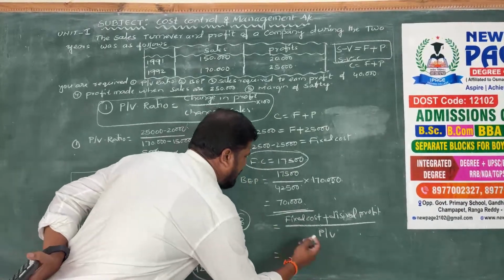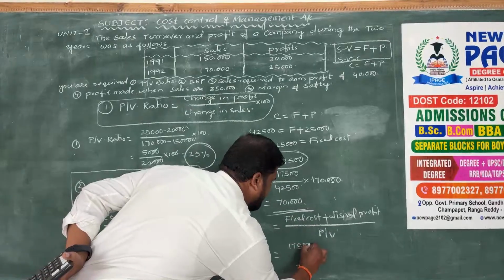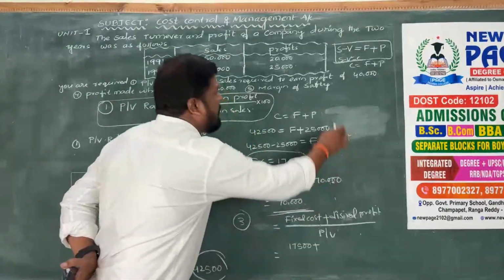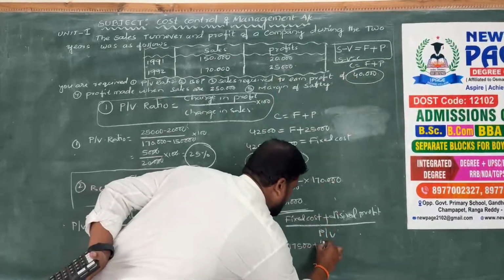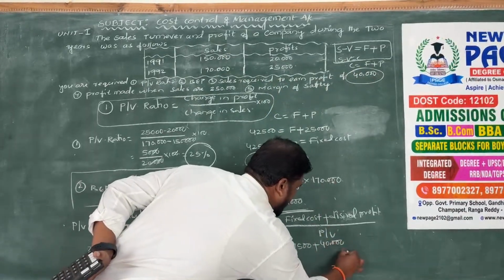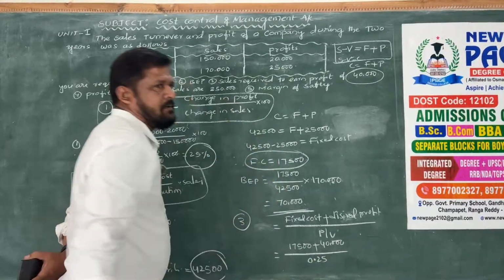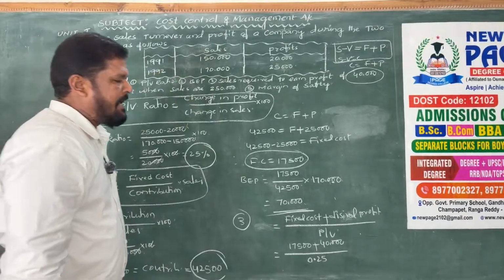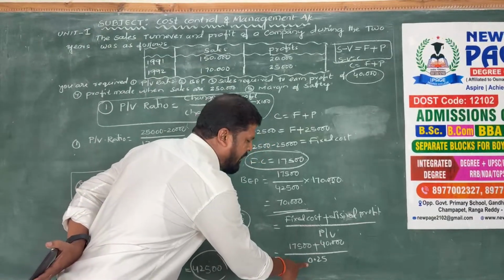So here you know the fixed cost. Fixed cost is equal to 17,500. Okay, desired profit is equal to 40,000, and PV ratio is equal to 25%. Okay, 25% can also be written like this, 0.25.